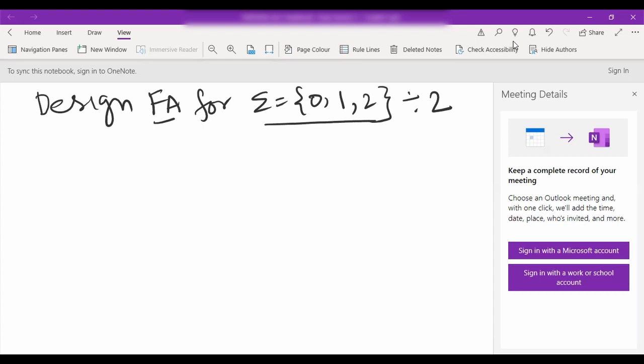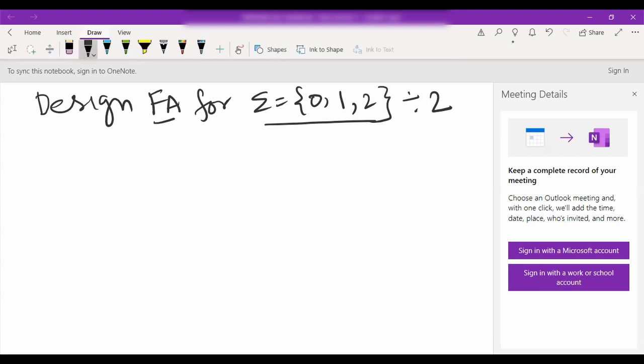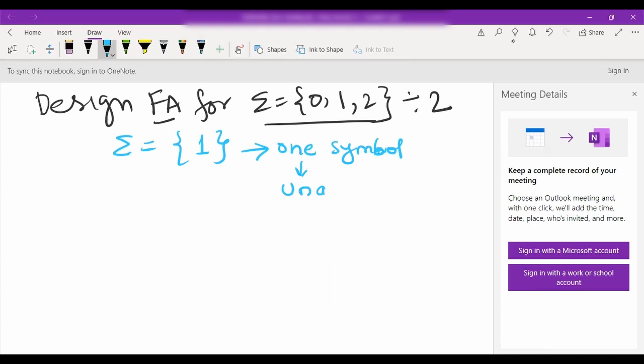First of all, we should know what sigma having the bits 0, 1, 2 actually indicates. In the previous video, we discussed that whenever we have sigma equal to 1, as we have only one symbol, it is also called unary, so the number system generated was called the unary number system.